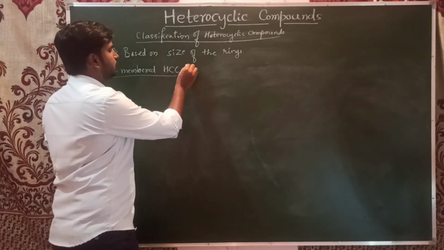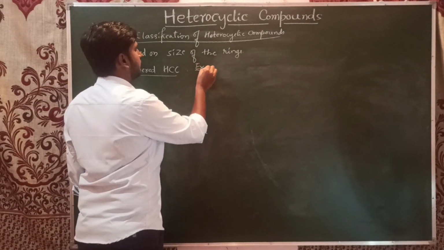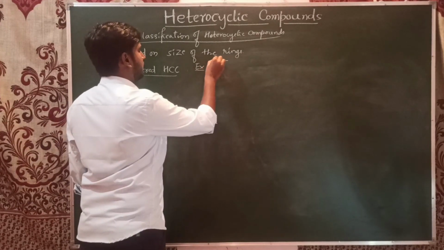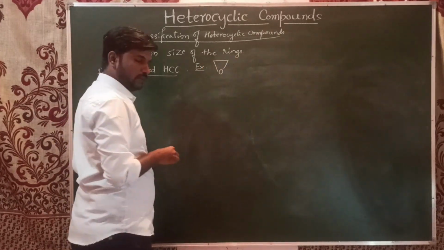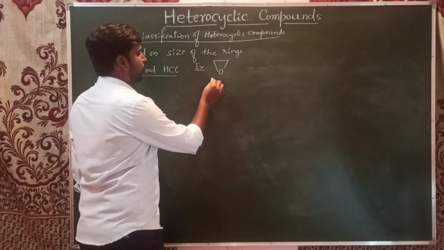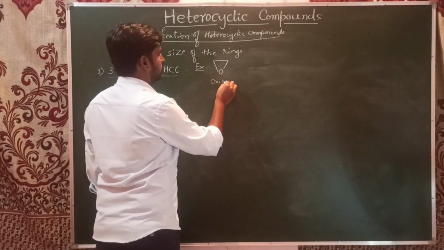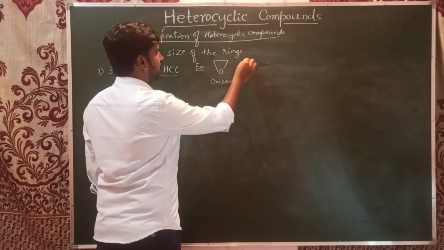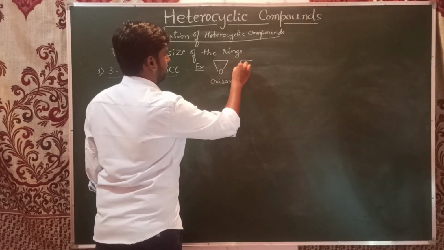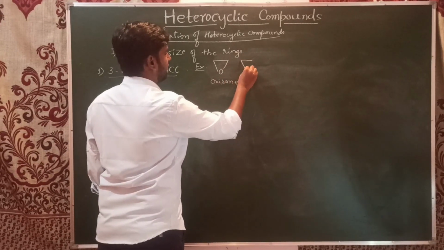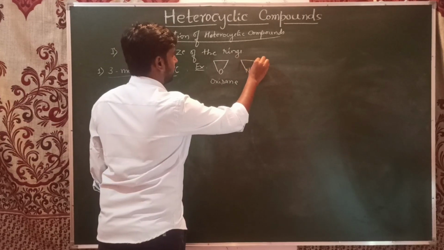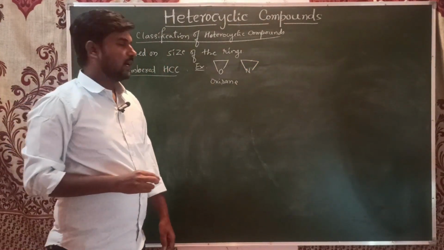For example, this one is known as oxirane. This is an oxygen heterocyclic compound. And if you have nitrogen, this is aziridine.